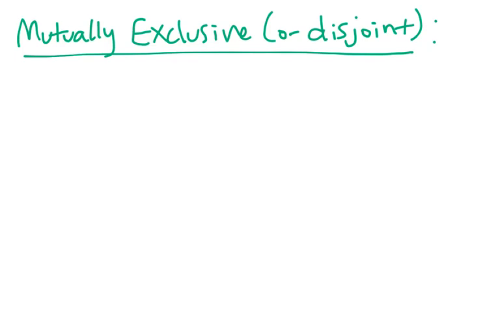So, mutually exclusive. What do you think of when you hear the word exclusive? For me, I always jump to, this was never a term used when I was in high school, but it was always joked about as an older term. For example, my fiance is named Sarah. Sarah and I were dating our senior year in high school.